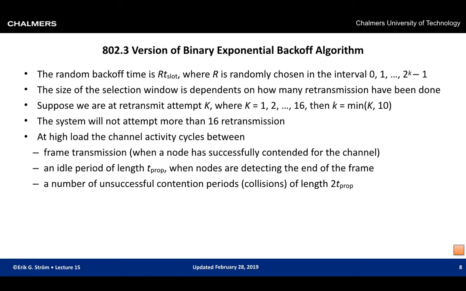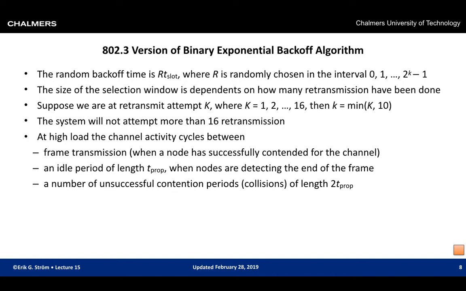Then it will look something like this, and then we go into retransmission event number 3, and then it's from 0 to 7 that we can choose from. And maybe now it resolves itself, so there is only one of these stations that gets 0 as backoff, and that station would then win access to the channel and send its frame.